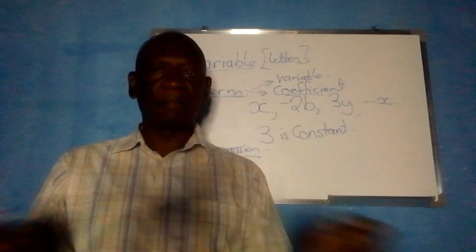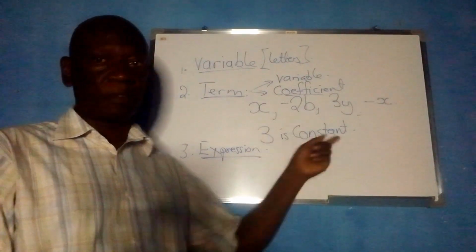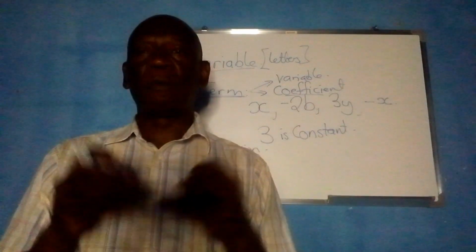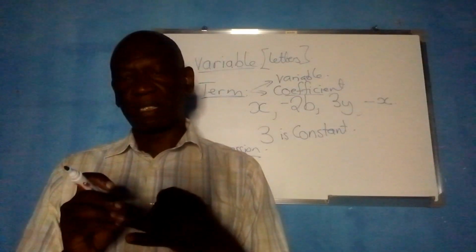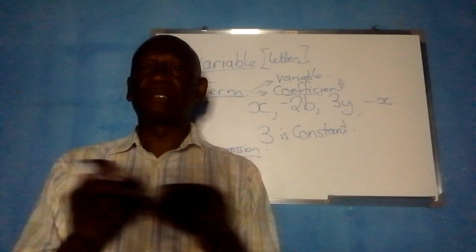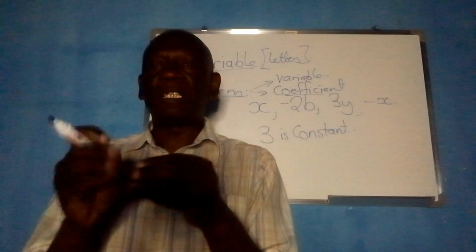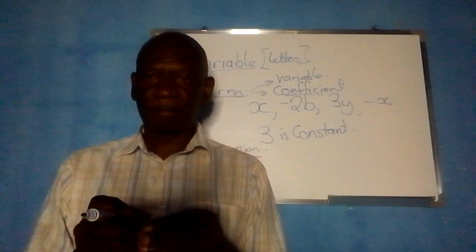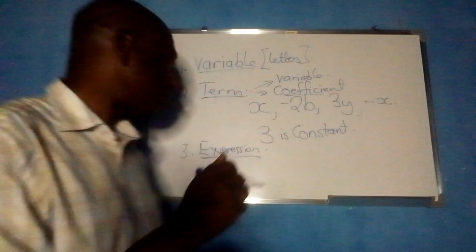Remember, even a constant is a term, but there's a special term called a constant. So when you combine terms with addition or with subtraction, then you have what is referred to as an expression. But the key is that it should not be equated to something.